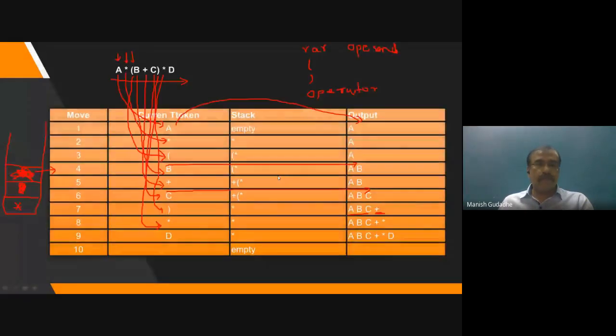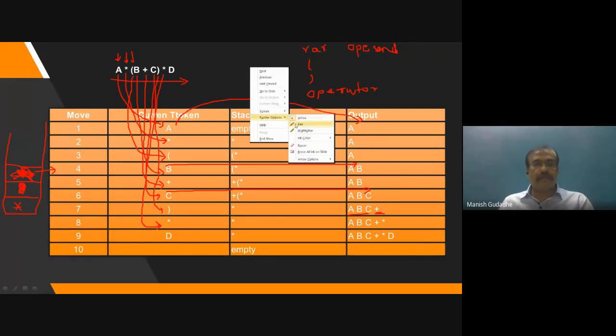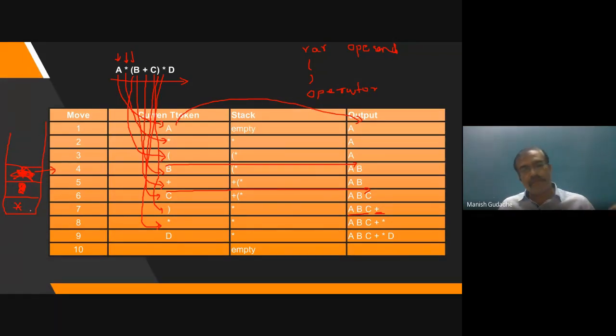What is the scanned character? In this case, it is multiplication. What is the top of the stack? It is also a multiplication, so they are of the same priority. So if the operator on the stack is of the same or greater priority, we are going to pop it off and post it into the output.